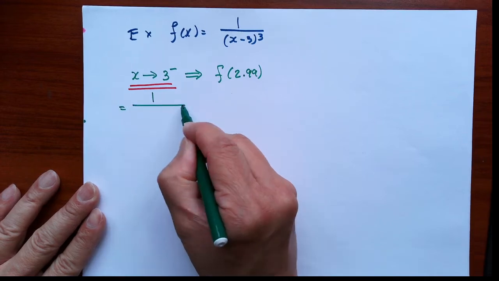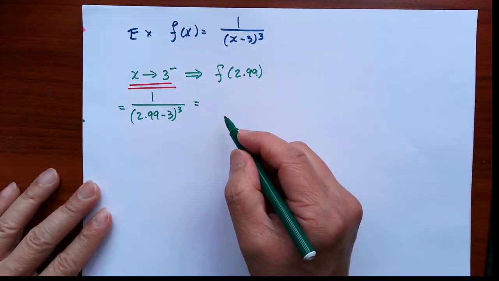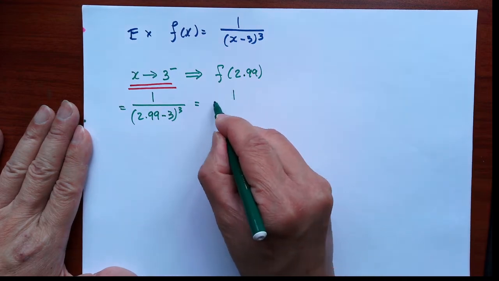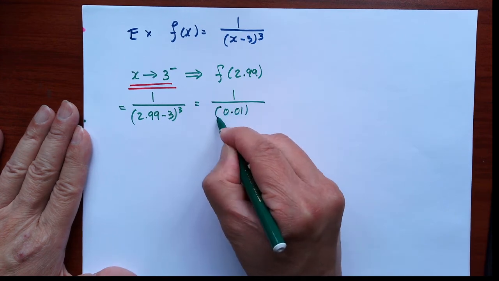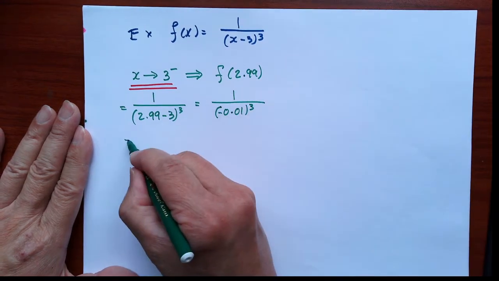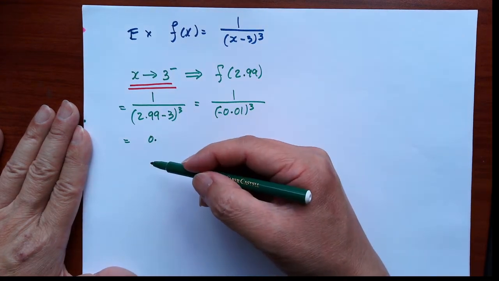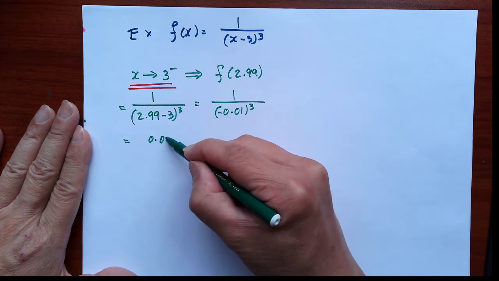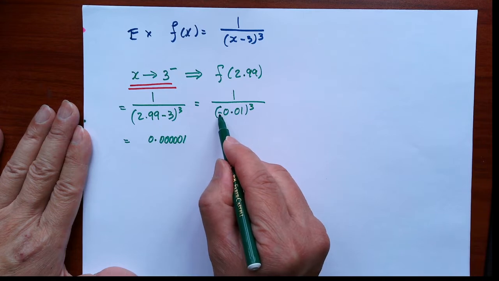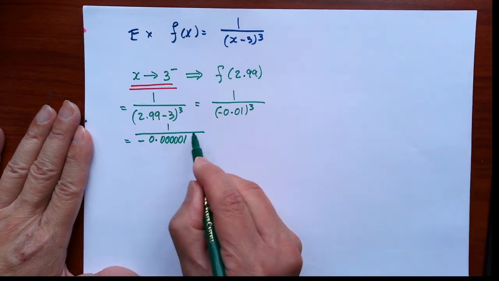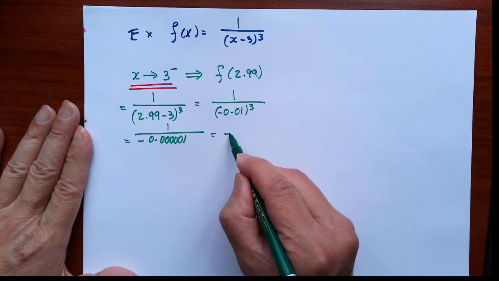Then it will be equal to 1 over 2.99 minus 3 cubed, which is equal to 1 over minus 0.01 cubed, which is equal to, there are 2 decimal places, so there's 6, so we have to go back 6. 1, 2, 3, 4, 5, 6, and it's cubed, so the minus remains, so 1 over this number, and this is equal to minus 1 million.